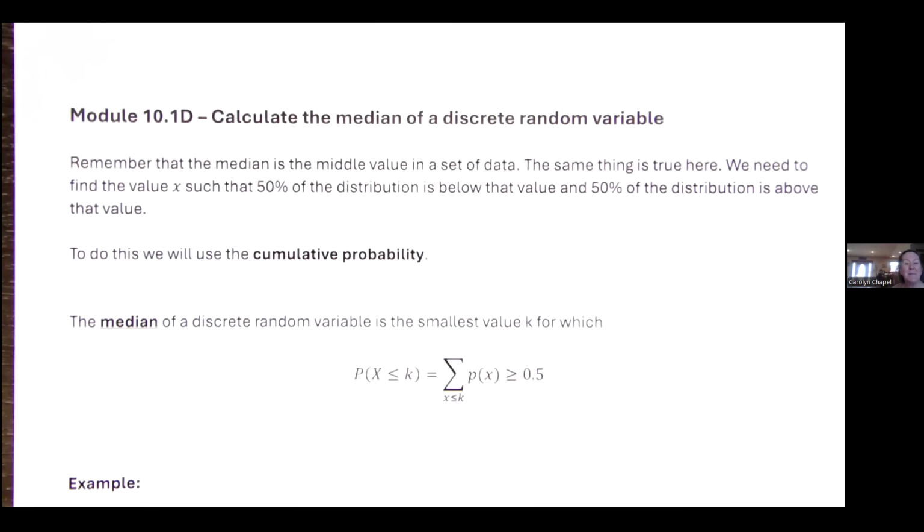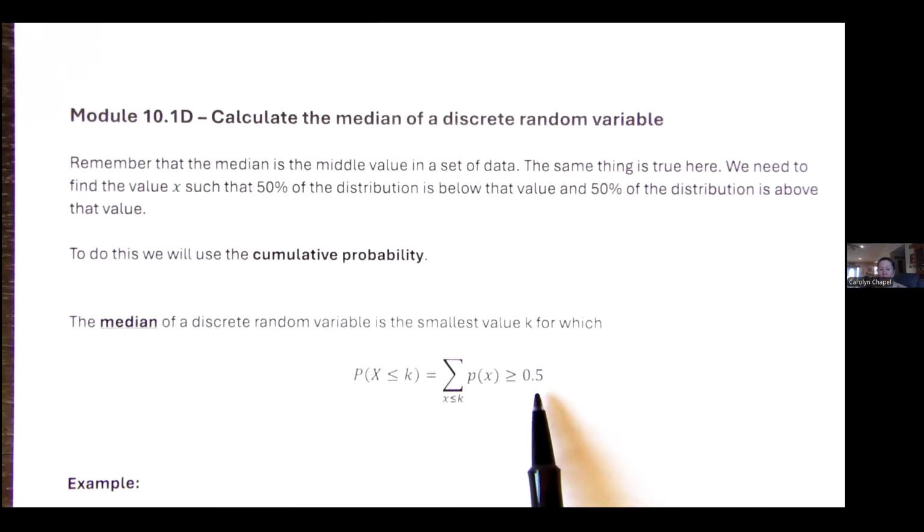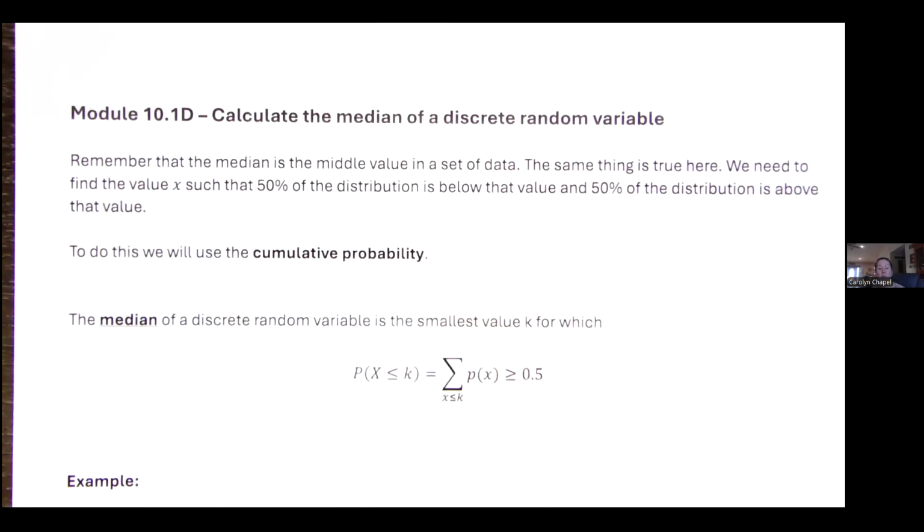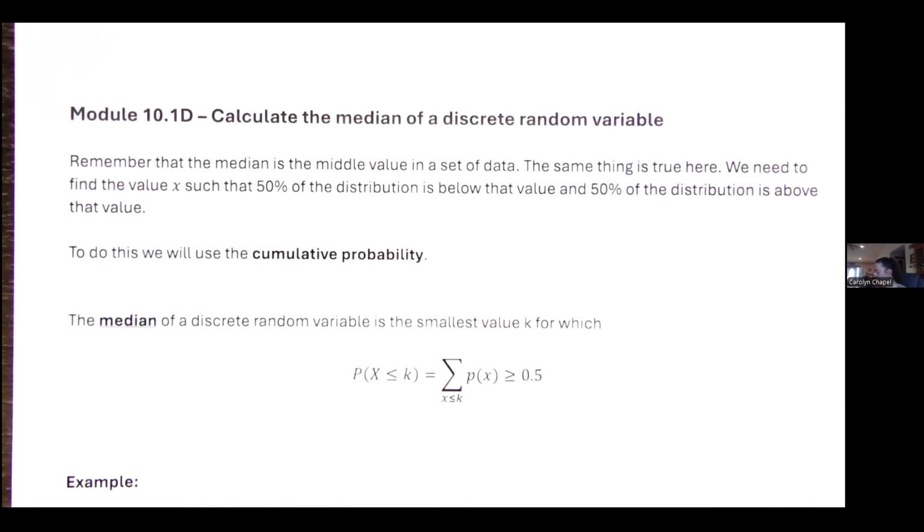To calculate the median, we find that spot where we're at the 50%. So we're looking for where we hit that middle, that 50%. What we do is look at our cumulative probability. If you remember, we looked at percentiles and the ogive, that cumulative piece.